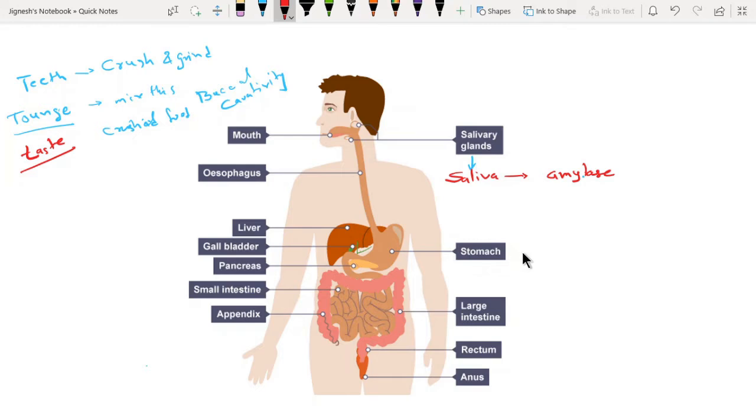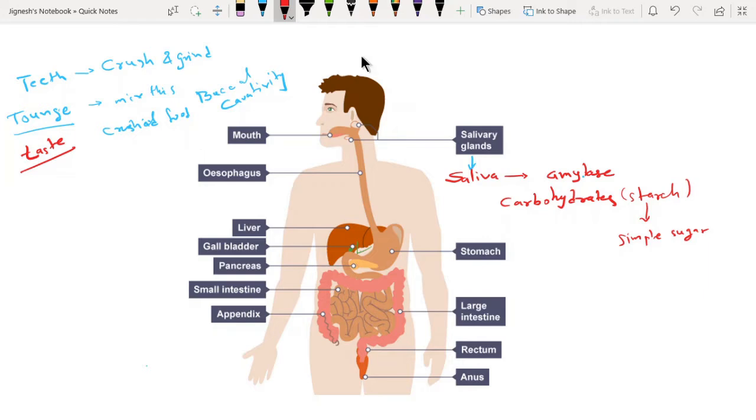The amylase enzyme helps to break down carbohydrates, which we call starch, into simple sugar. So the digestion starts within the mouth.